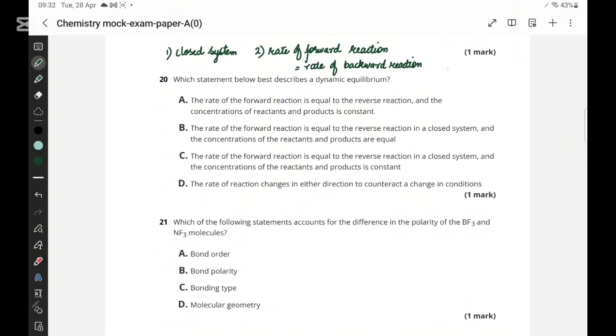And the third thing is that the change in concentration of reactant and product is zero. So which option is going to be the right one? That is going to be option C. The rate of forward reaction is equal to the rate of reverse reaction in a closed system, and the concentration of reactant and product is constant.